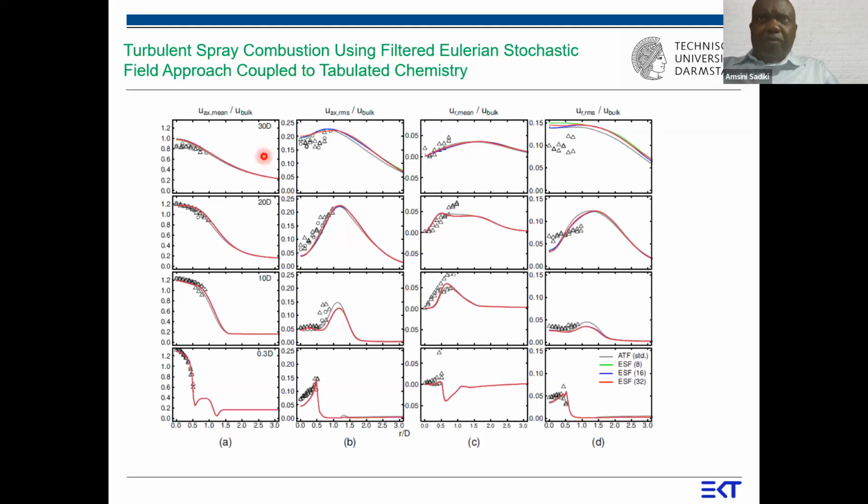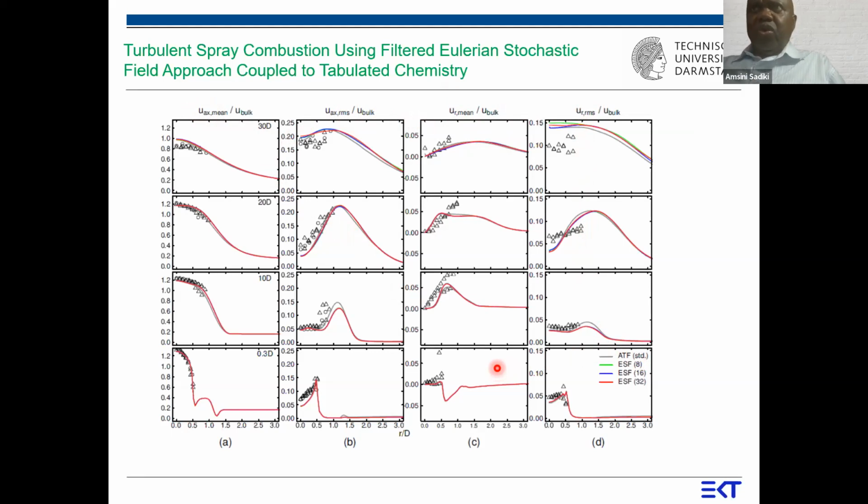If we compare the axial mean velocity, the RMS, the radial velocity, and the radial RMS, we see that the stochastic field and the ATF results agree very well, everywhere, we can say.